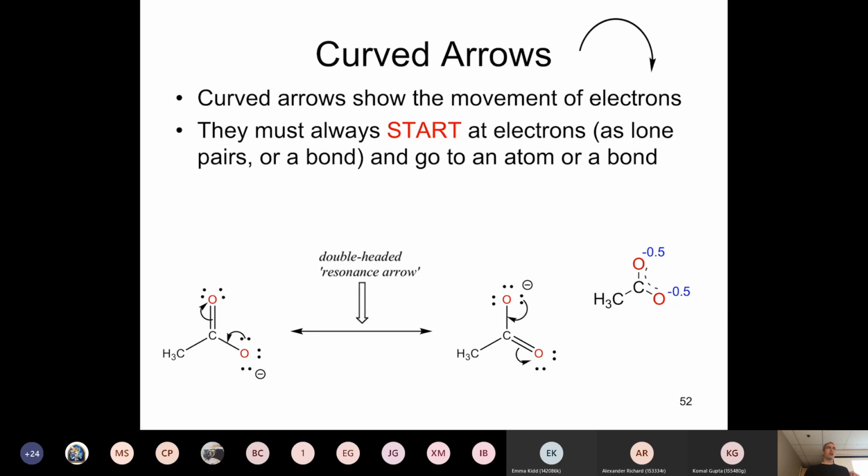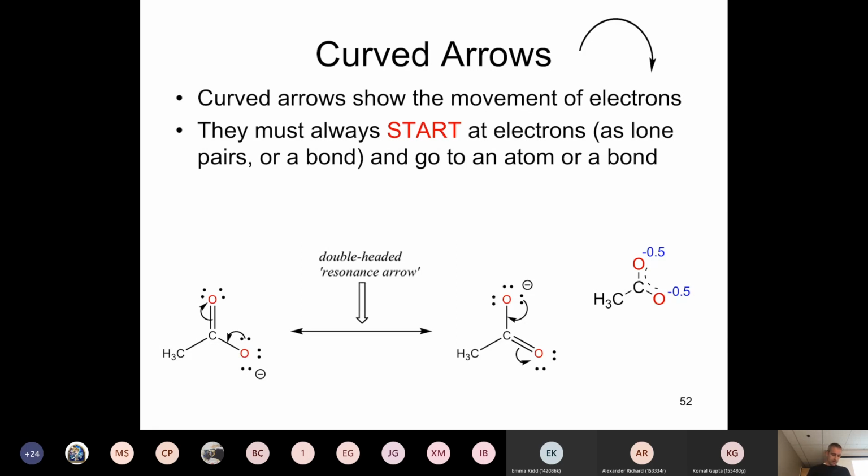So it's got to start at a lone pair or a pi bond, not a single bond. It points to where those electrons end up, where they move to. These arrows don't tell you anything about what atoms are doing. They're not used to describe the motion of atoms, only the motion of electrons.